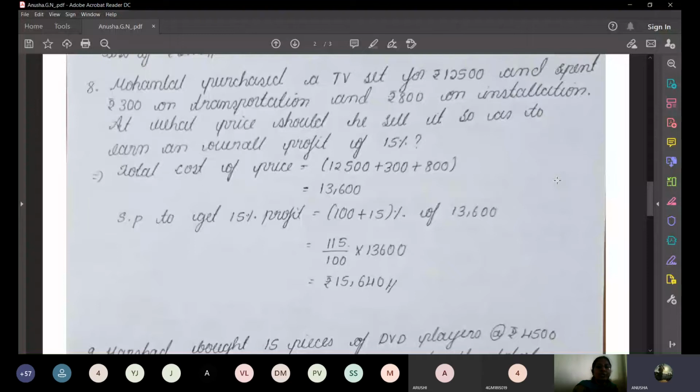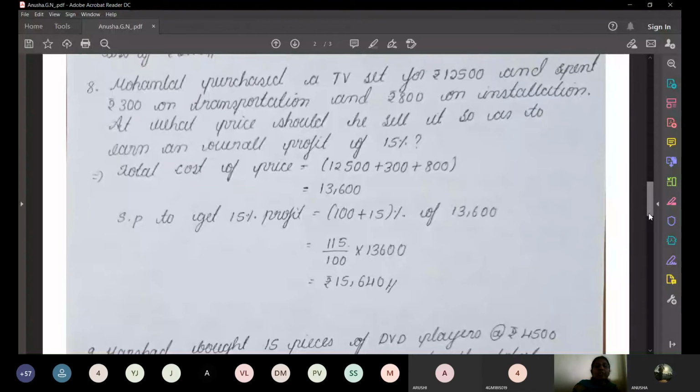So there is an investment of 12,500 plus 300 plus 800. This is the investment of that person on that TV. So if he has to get a 15% profit, at what price should he sell the TV? That is the meaning of that problem. So she has added all of 12,500, 300, 800. The total investment by that person on the TV is 13,600.